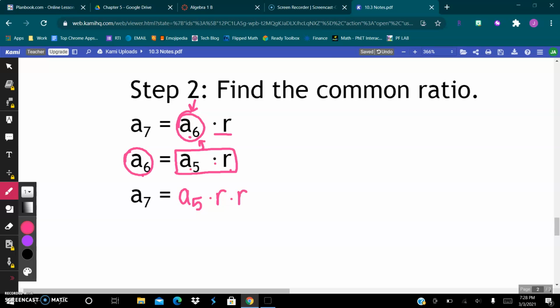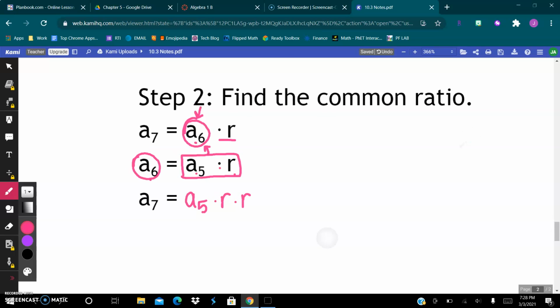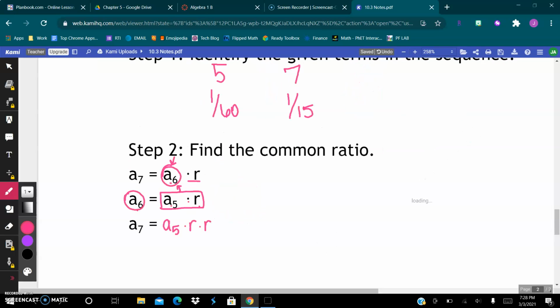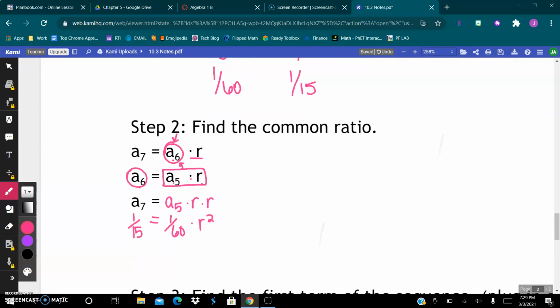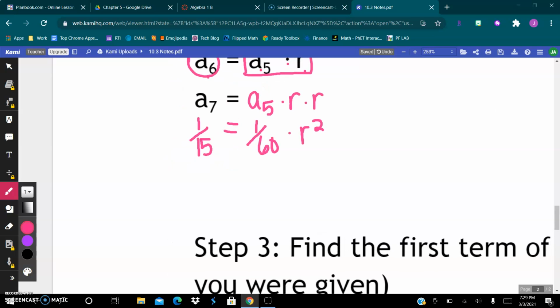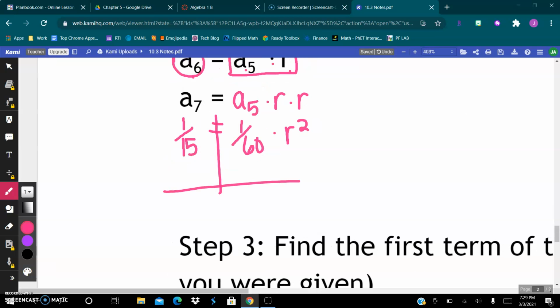So once we have that, then we can go back and fill in the two numbers that we know. We know the 5th term is 1/60th, and we know the 7th term is 1/15th. And we also know that r times r is r squared. So now we have to turn this into an upside down t problem and solve.